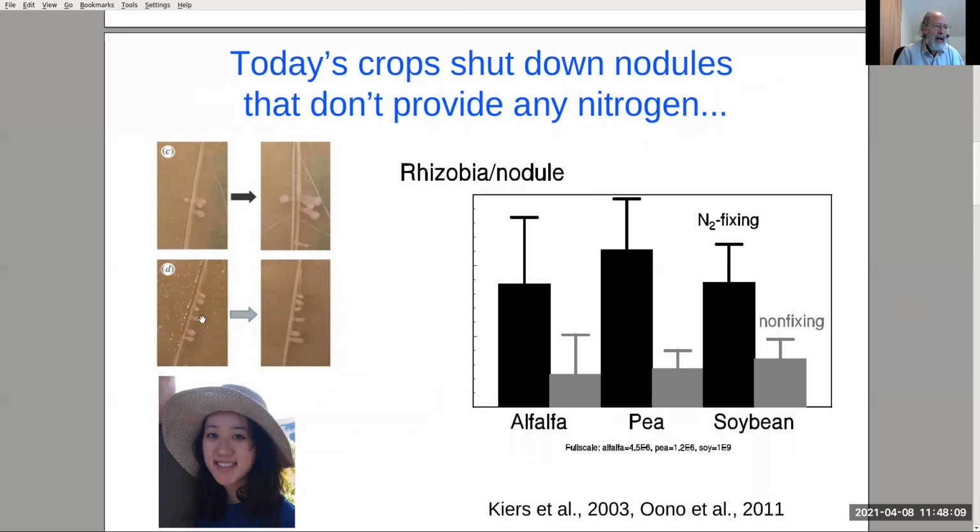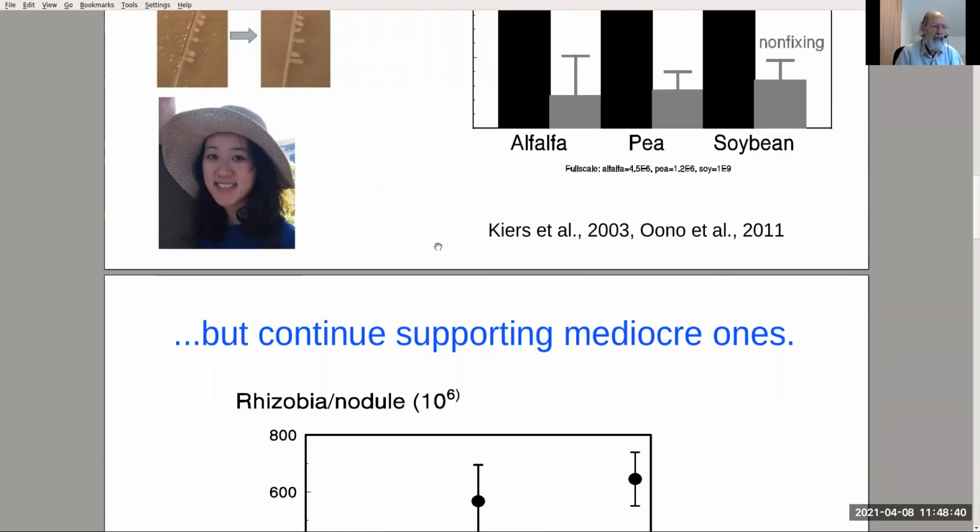Whereas these nodules had a strain that didn't provide any nitrogen, and the plant shut them down as soon as it noticed that, and they didn't grow anymore and didn't have any further cost. And we've seen that effect initially in soybean, but also in pea and alfalfa: the nodules that aren't providing any benefit get shut down, the rhizobia inside don't reproduce, and so they aren't released into the soil to plague future generations of soybean or alfalfa on the same field.